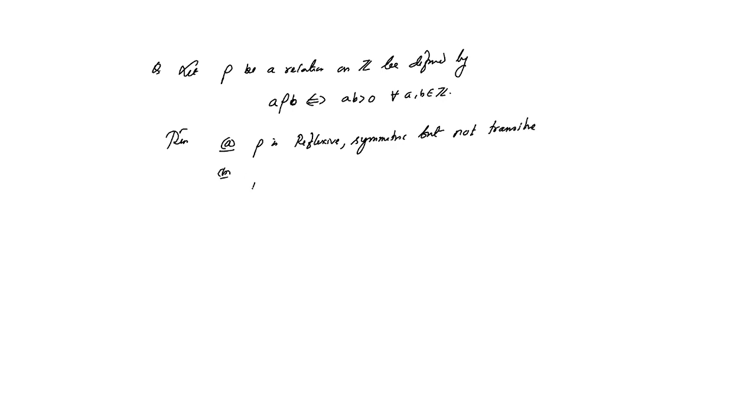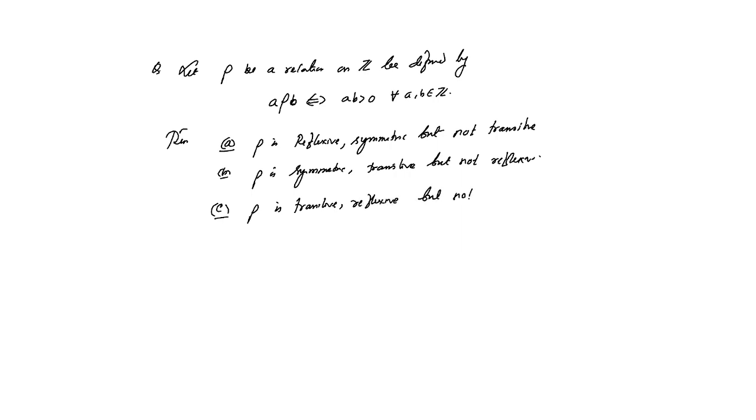Next, option B, rho is symmetric, transitive, but not reflexive. Option C, rho is transitive, reflexive, but not symmetric.